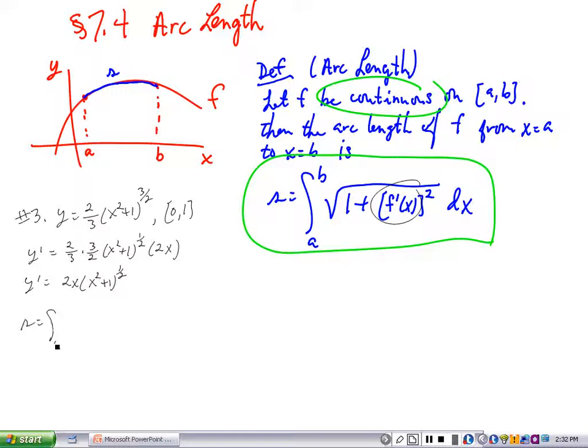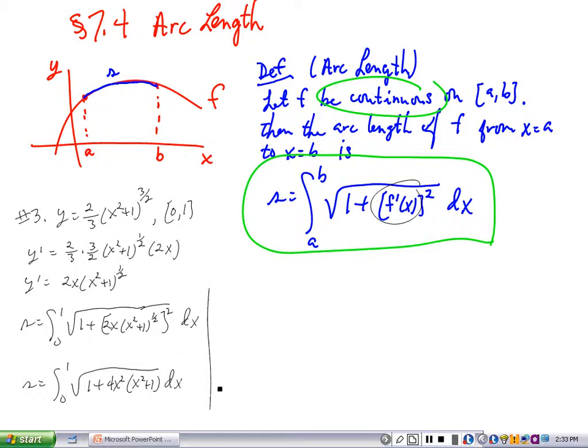So the arc length is the integral from 0 to 1 of the square root of 1 plus that derivative squared. So we have 2x times x squared plus 1 to the 1/2 power, and we square that, dx on the outside. So s is the integral from 0 to 1 of the square root of 1 plus 4x squared times x squared plus 1 dx.